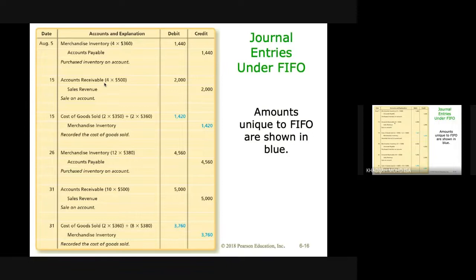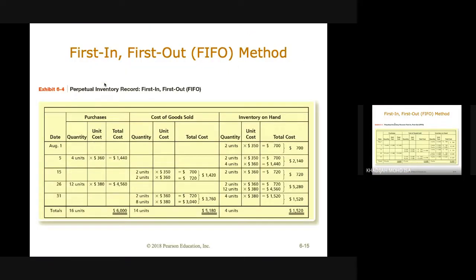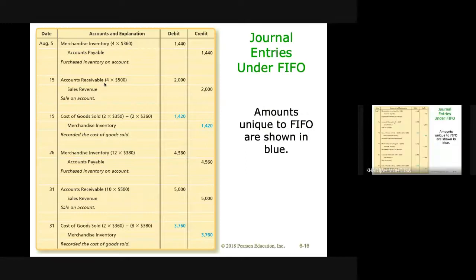The other transaction you have to record is the cost of goods sold. Remember, the first one is the sale, the second one is the cost of goods sold. So what will be the cost of goods sold on the 15th is 1420. Is it 1420? Yes. So for cost of goods sold, you're going to debit the account called COGS, right?